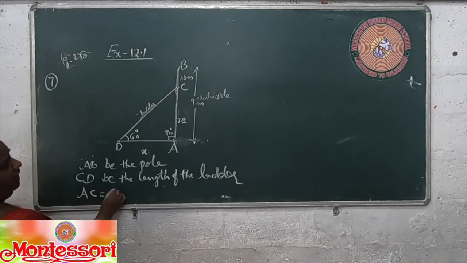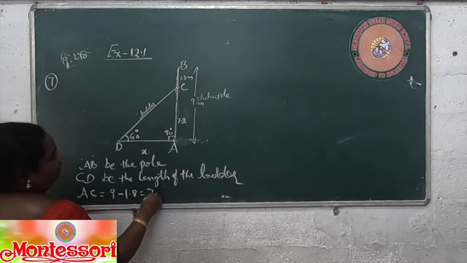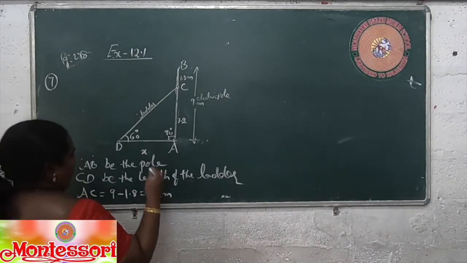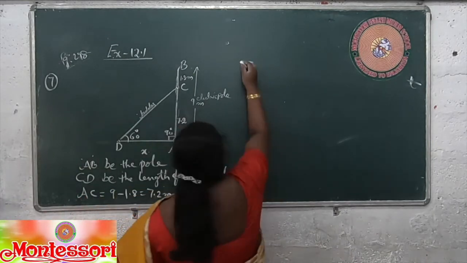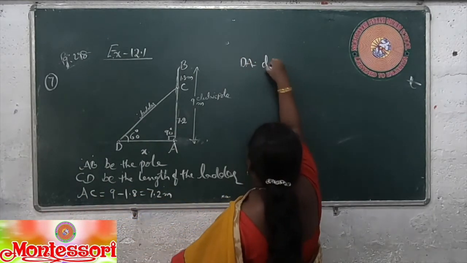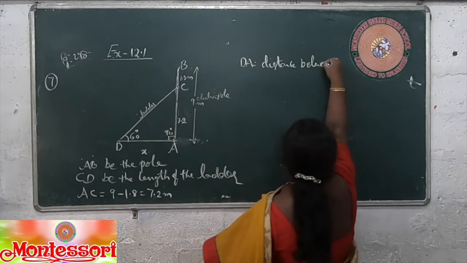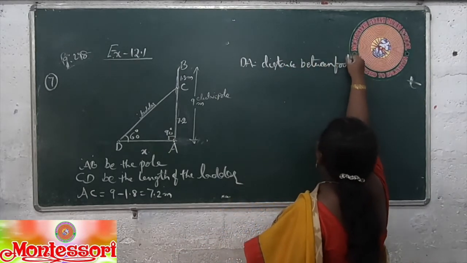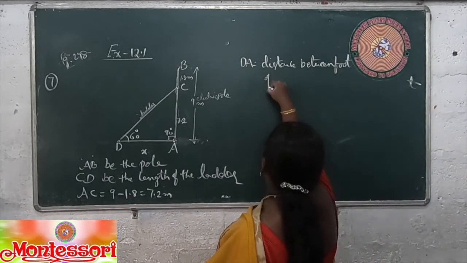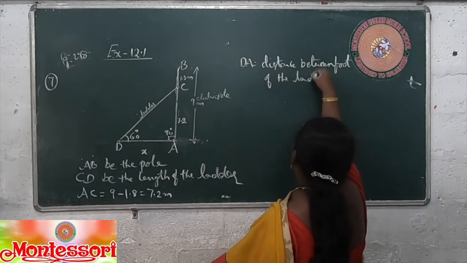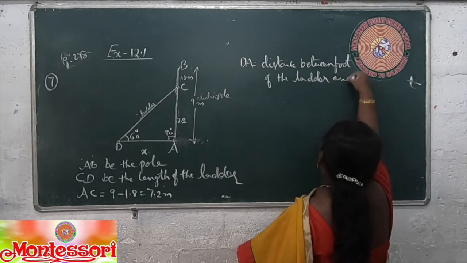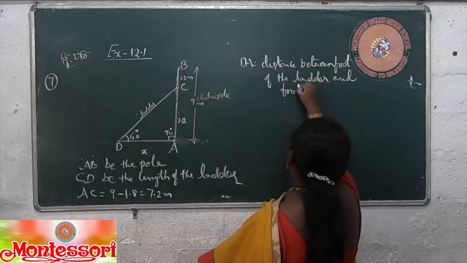AC is equal to 9 minus 1.8, that is 7.2 meters, and finally DA is the distance between the foot of the ladder and the foot of the pole.